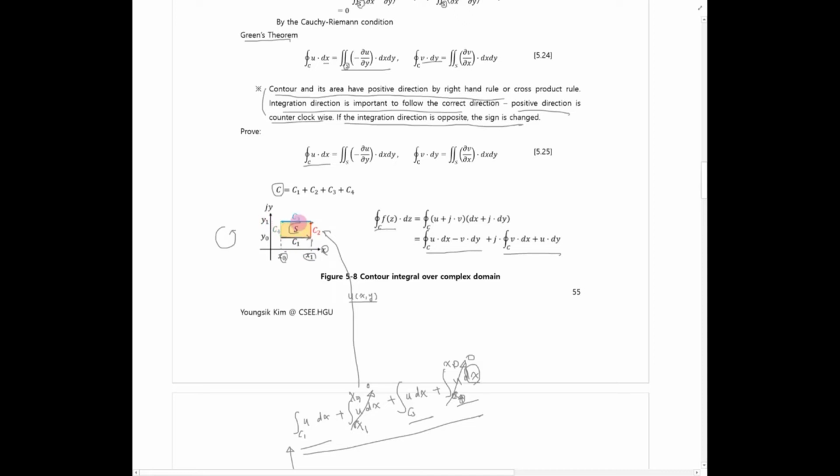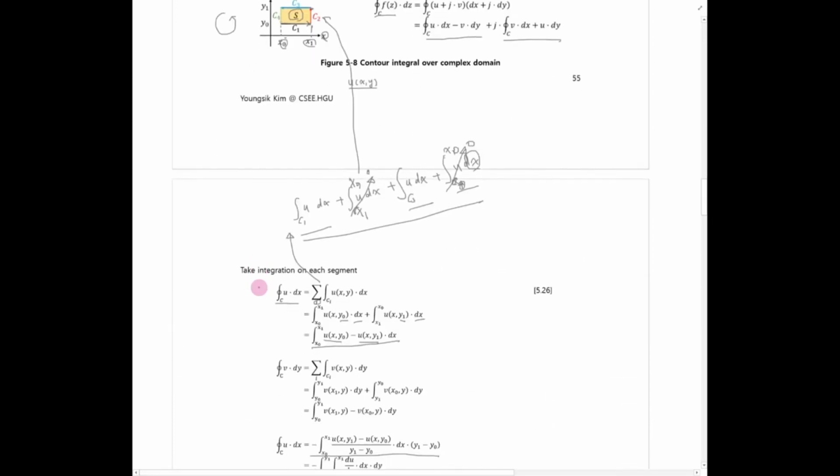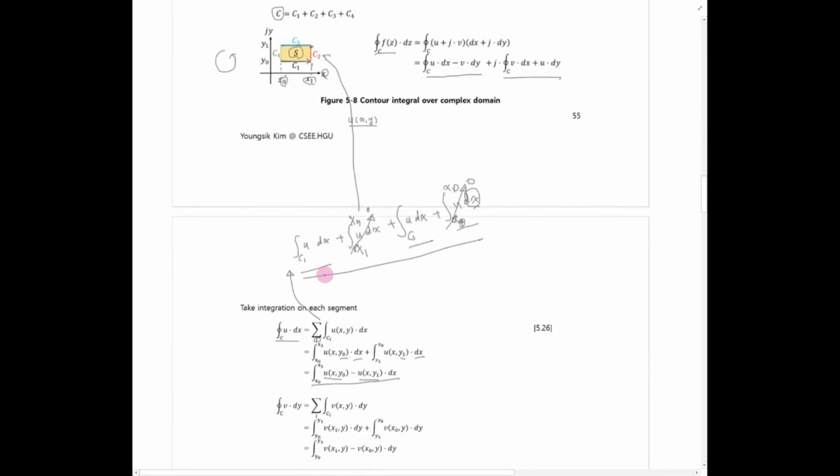So the integration range now becomes S. I mean in these double integrations, x changes from x0 to x1 and y changes from y0 to y1, so this area covers the whole section of S. S is the area closed by the contour C. You need to understand the relationship between the closed contour and the area S. S is the area closed by the closed contour C. So we proved the first Green's theorem.